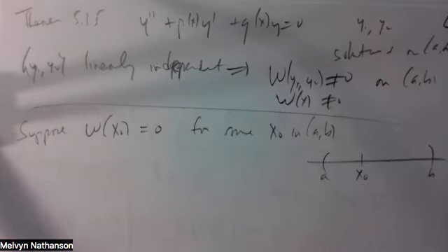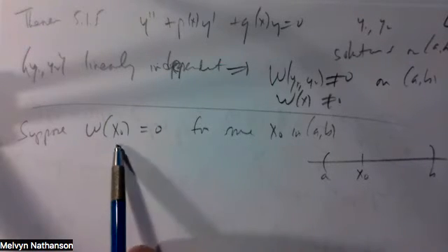Now, let's look at the function y1. If y1 is always equal to 0, then y1 and y2 are linearly dependent.